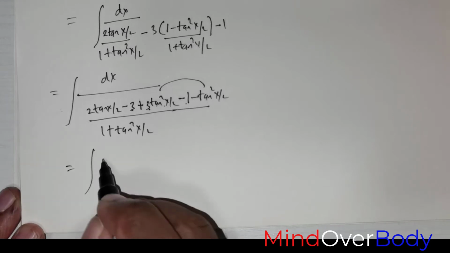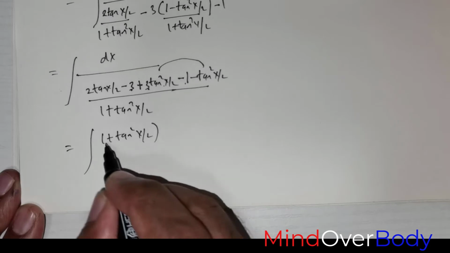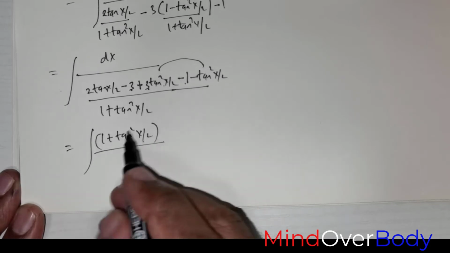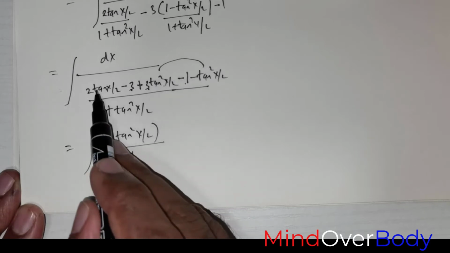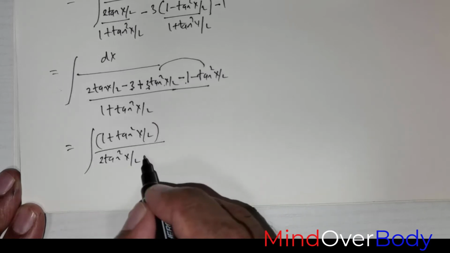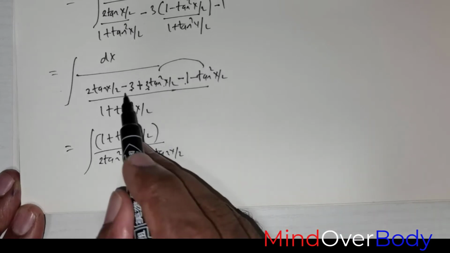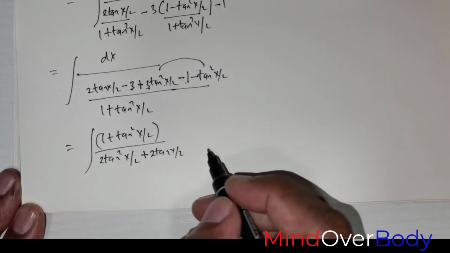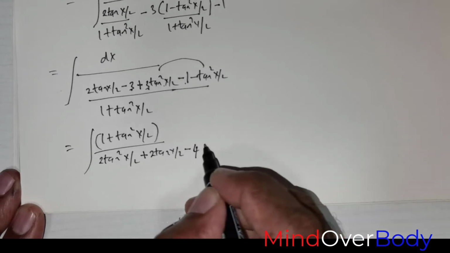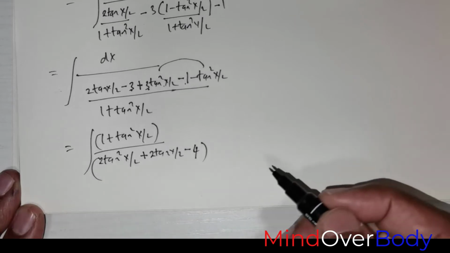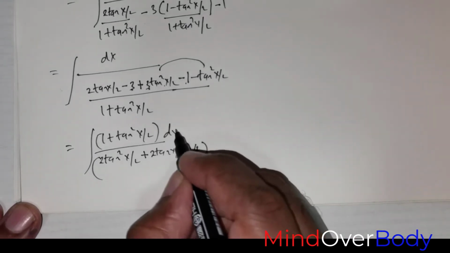So this is going to be the integral of (1 + tan²(x/2)) divided by, this is going to give me 2 times tan²(x/2), there is 2 times tan(x/2) and there is −4 there, right? So this is what I have got here. Of course, we need to place the dx there.